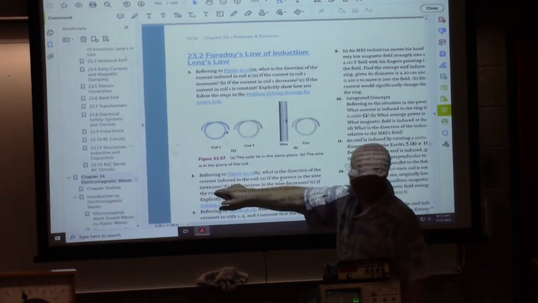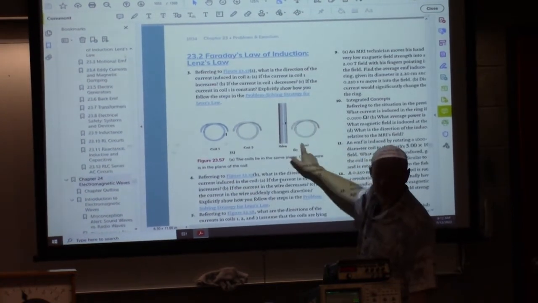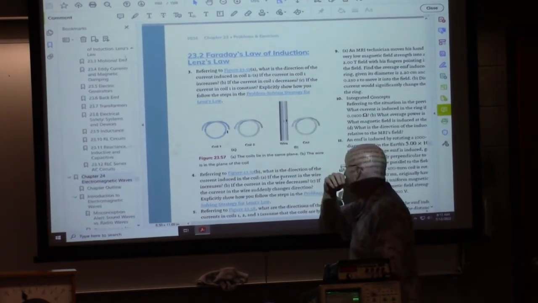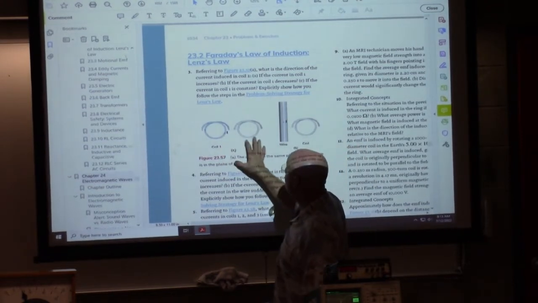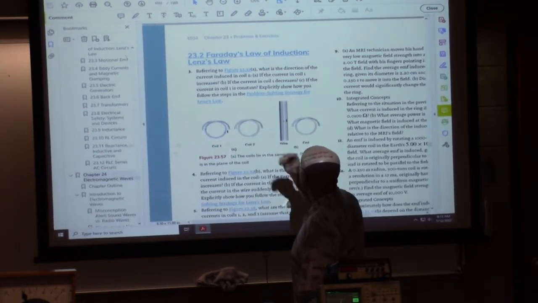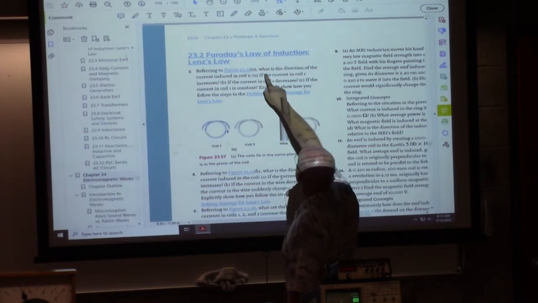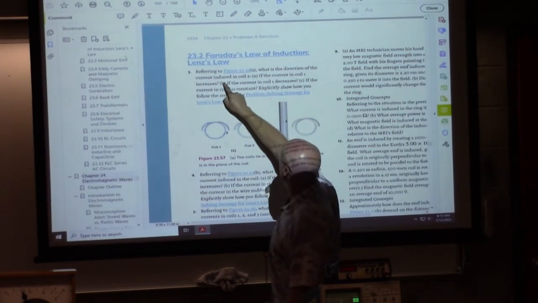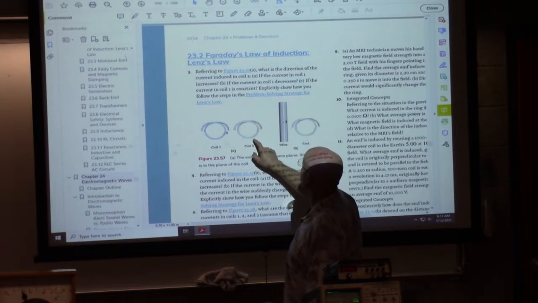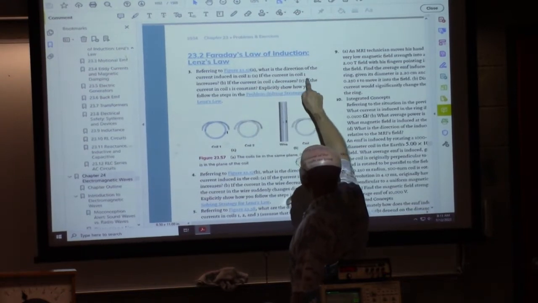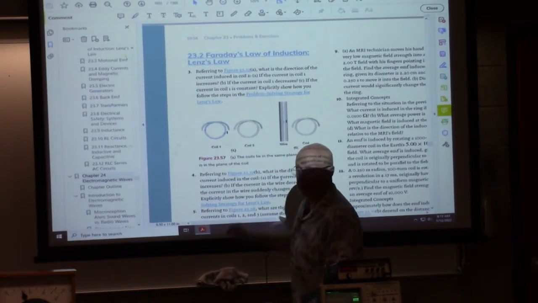I think your homework problem is to look at this one. So you got the wire in the coil. But here we have two coils adjacent to each other. And the question is, what is the direction of the induced current in coil number 2, A, if the current in coil number 1 is increasing.